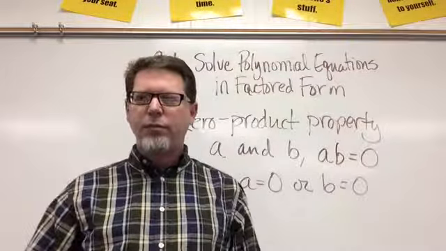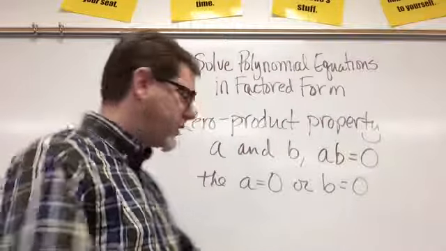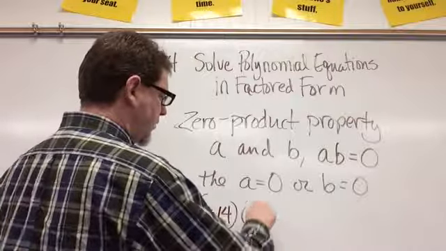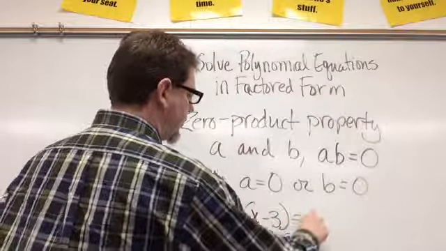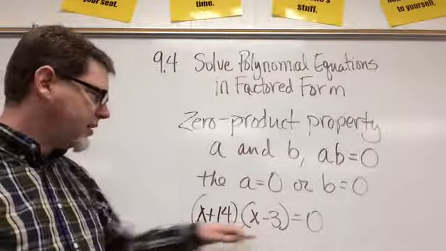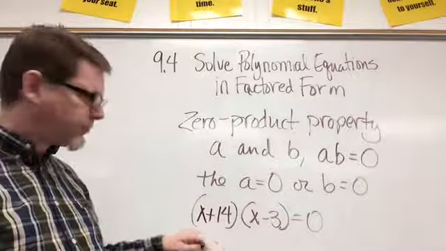So how does that come into play when we work with binomials? Well, let's say, for instance, that we have the quantity of x plus 14 times the quantity of x minus 3 equals 0. Then I would know that one of these has to equal 0.